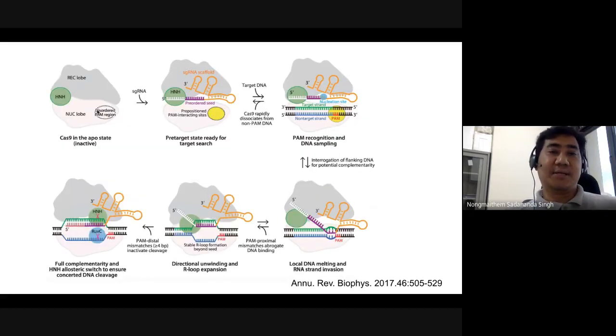So what happens is that with Cas9 alone, you have the HNH motif that we talk about. These are all nuclease domains. Basically, it can cleave DNA. When there is no CRISPR RNA bound, the PAM region is disordered, so it cannot bind to the PAM sequence properly.